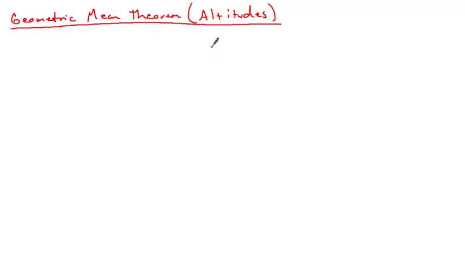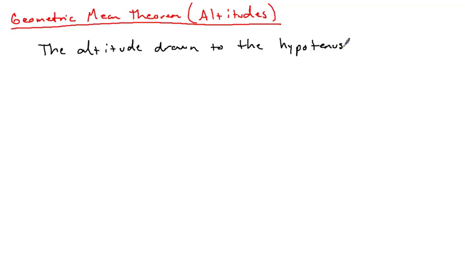So the altitude drawn to the hypotenuse of a right triangle separates the hypotenuse into two segments.